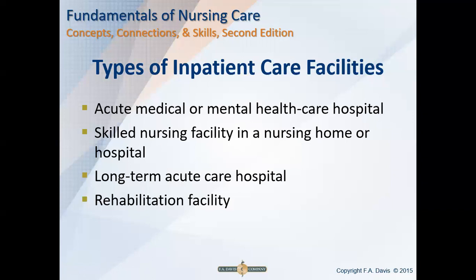As examples, you already know: acute care facilities, skilled nursing facilities, long-term acute care hospitals, and rehabilitation care. These facilities typically provide inpatient medical care for short-term illness, long-term illness, acute conditions, and also surgical services.